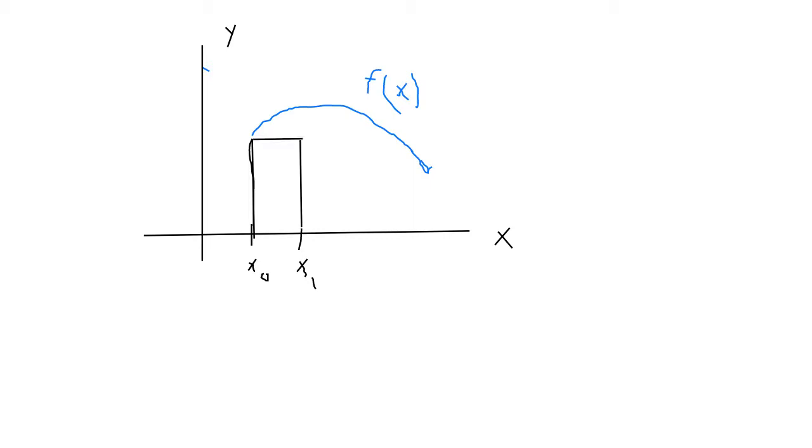Okay, so there's a rectangle, and hold on, it's kind of picky with this. This value here is f of x sub 0. This value here is f of x sub 1, right?